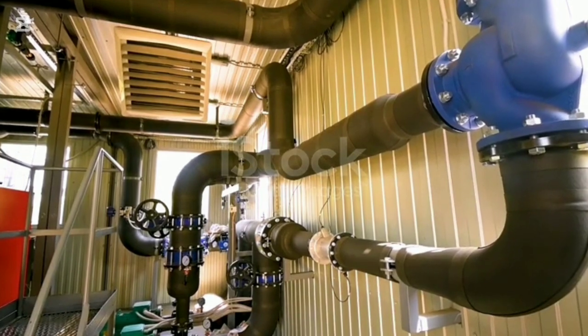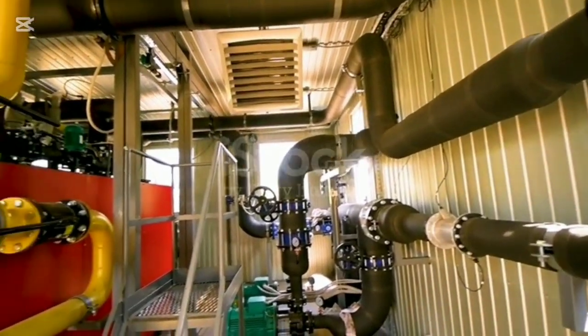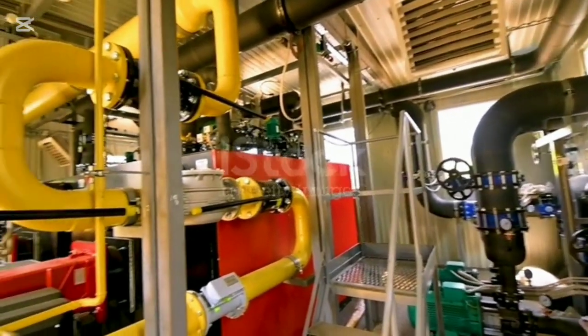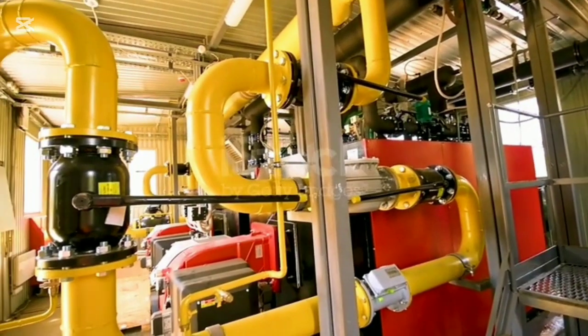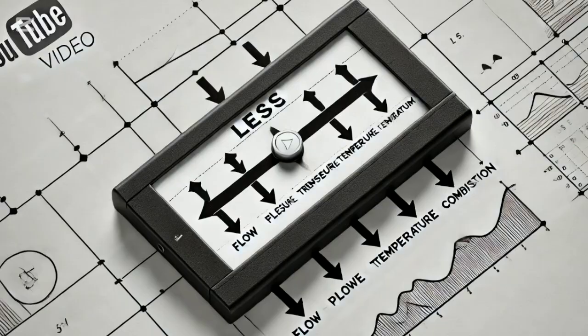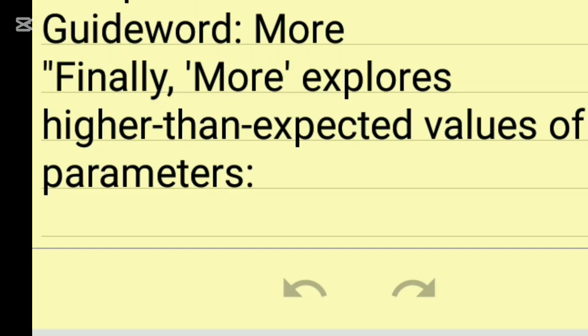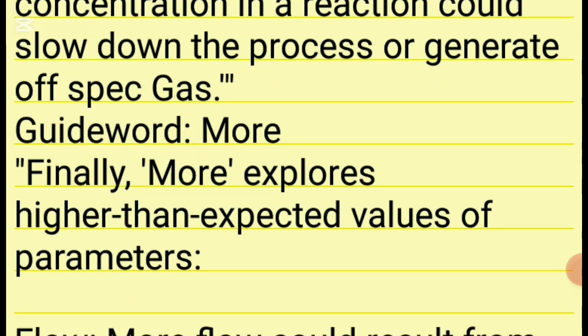Deviation: less pressure in a stripper column could reduce stripper efficiency. Composition: less composition might mean low concentration of a key ingredient. Deviation: less amine solvent concentration in a reaction could slow down the process or generate off-spec gas.